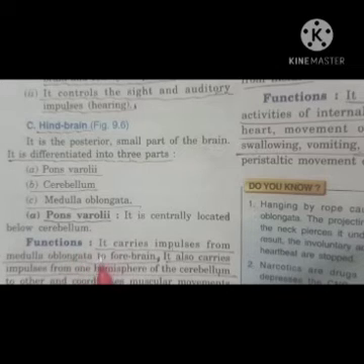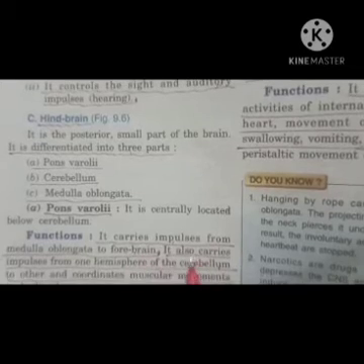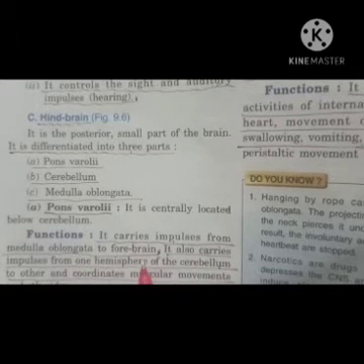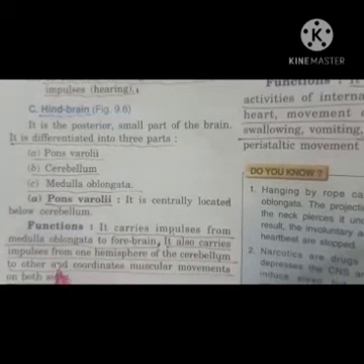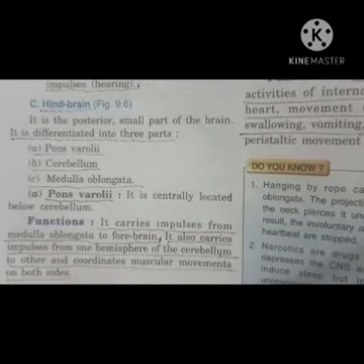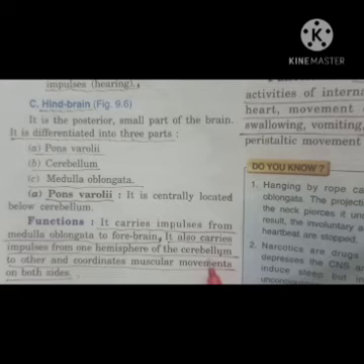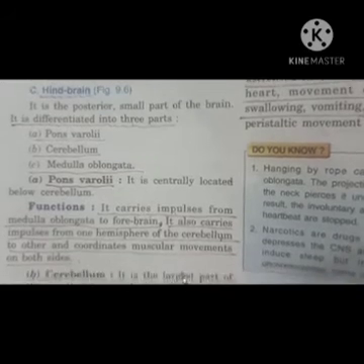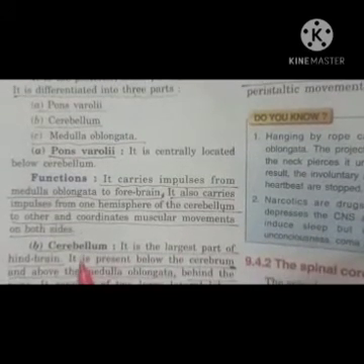It carries impulses from medulla oblongata to forebrain, and also carries impulses from one hemisphere of cerebellum to the other and coordinates muscular movement on both sides. Actually, cerebellum can be divided into two equal halves, and these two equal halves are called cerebellar hemispheres.